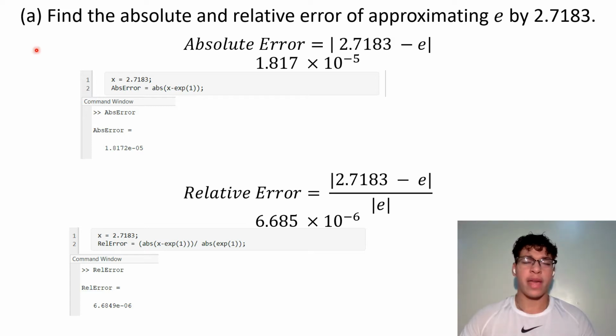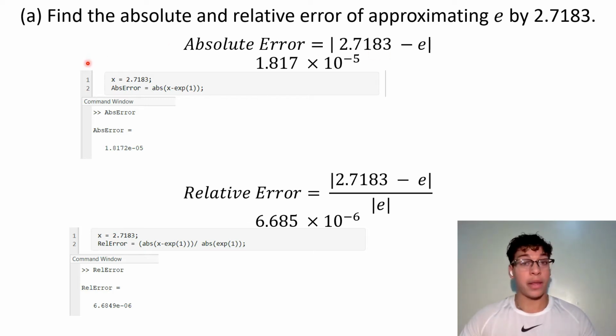All right, so here we have part A, which we would need to just find the absolute and relative error of approximating Euler's number by 2.7183. And the absolute error equation, as I just mentioned, we would have to assign 2.7183 to the computed value minus the true value, which is Euler's number.